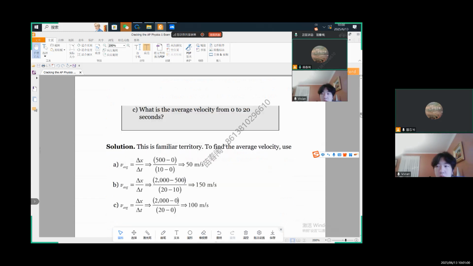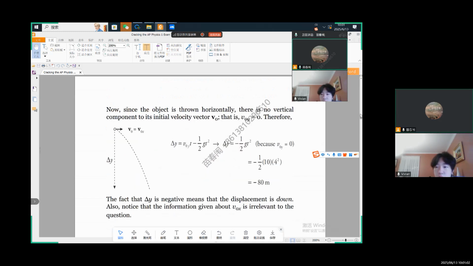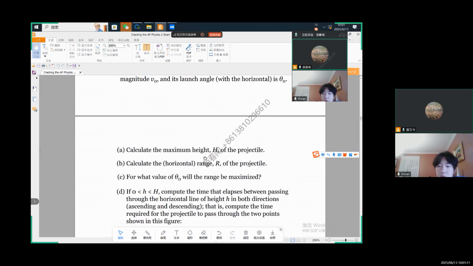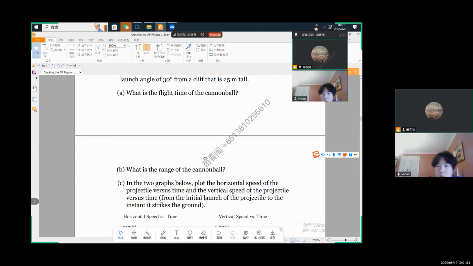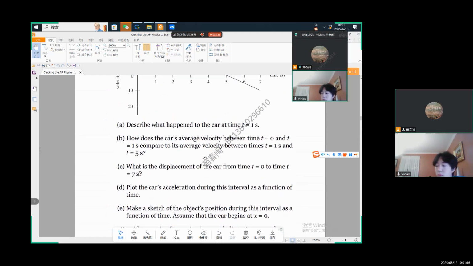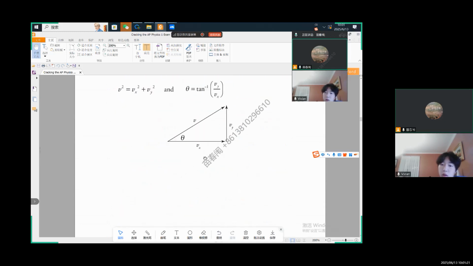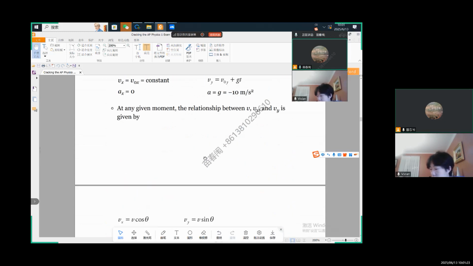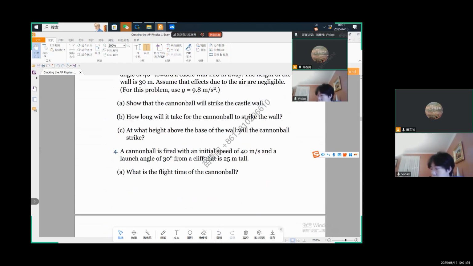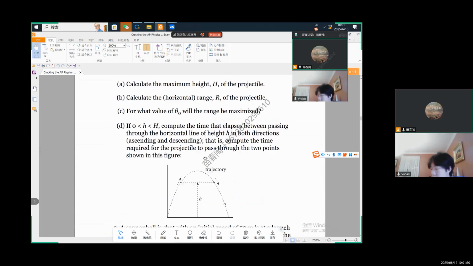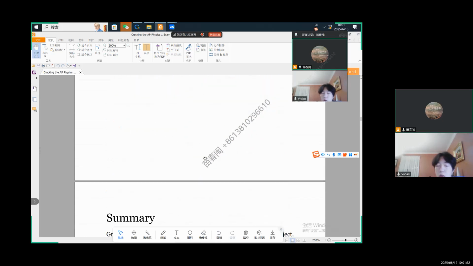Oh, it's this. We can do this and send it. If you can take a photo of the graph, that'd be nice. Especially the free response. Which chapter is this? This is chapter 4. Some of the free response questions happen in the real test again and again. And it's better that you do it step by step.